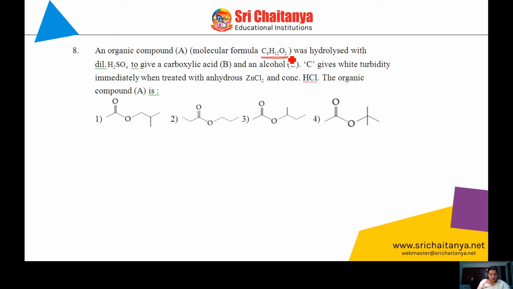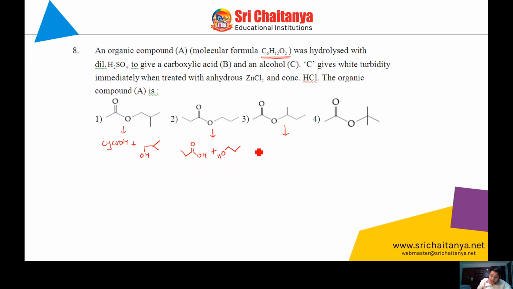Okay, so it is an ester, which is indicated from the options very clearly. Right? Now this on hydrolysis will give CH3COOH plus 2-methyl-1-propanol. The second one on hydrolysis will give me propanoic acid plus n-propanol.